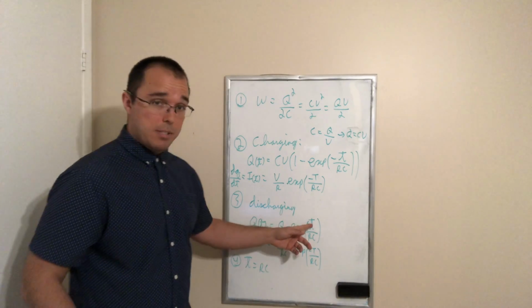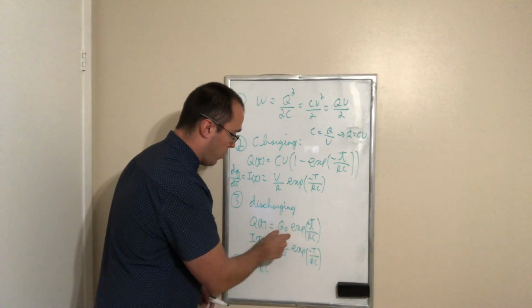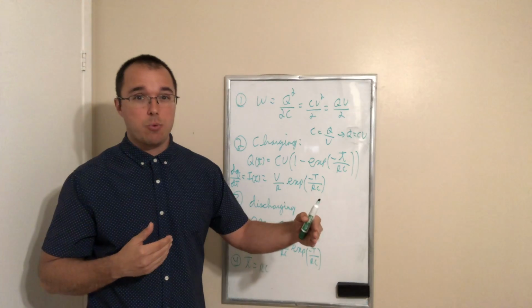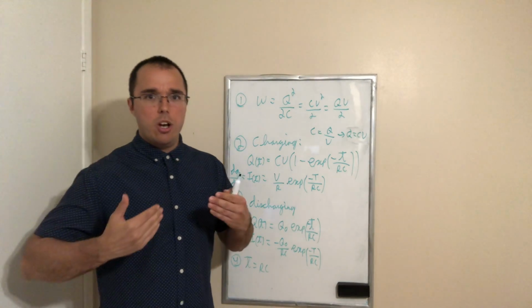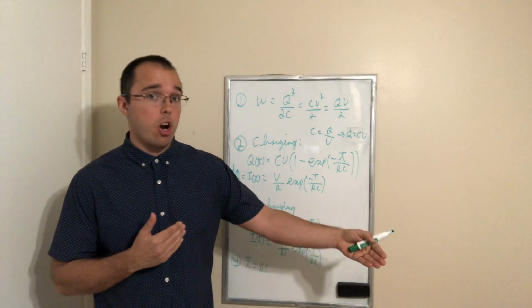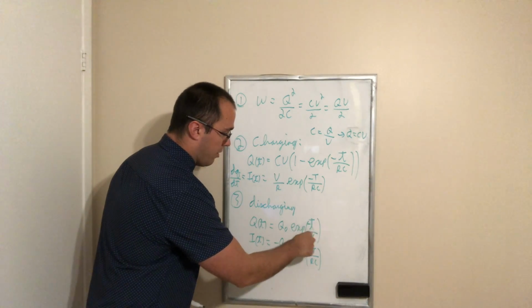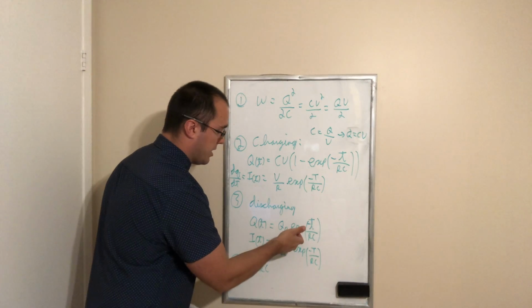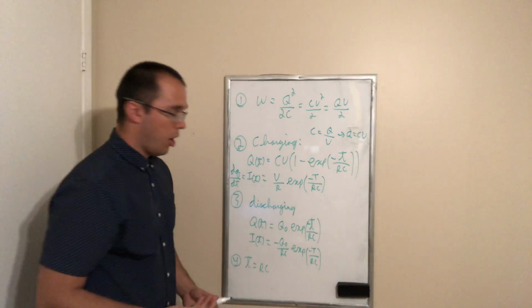Now note, at time 0, this term is 1, so we are at the initial charge. Makes sense. Once we let the capacitor discharge, at some point, we expect that the capacitor will have lost all its charge. So once this term gets very big, this is a minus big number in the exponential, it gets near 0, and then we get a 0 charge.